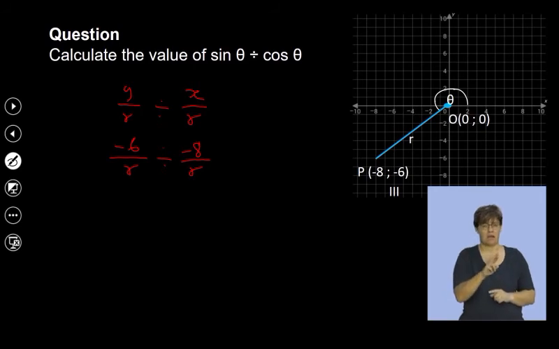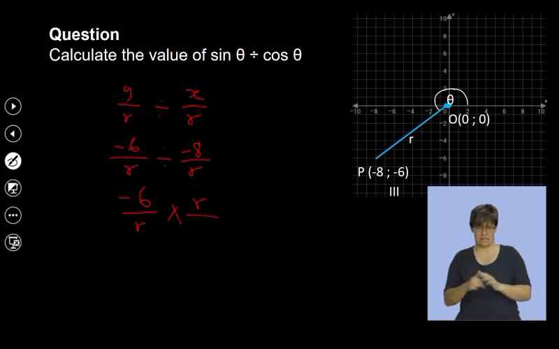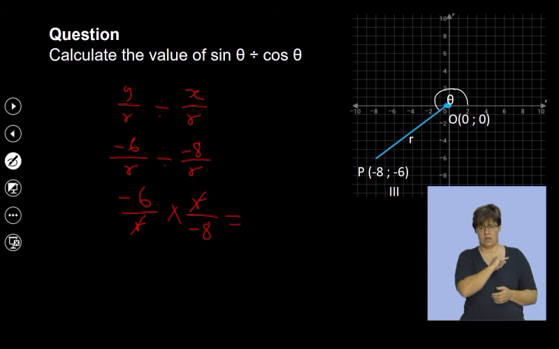And then I can find r using the theorem of Pythagoras. But you can see with this particular one, I wouldn't really need to do that, because this will be -6 over r multiplied by r over -8, and the r will divide, and therefore this will be -6 over -8.